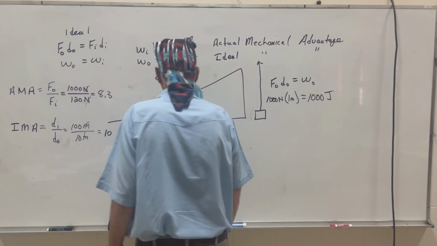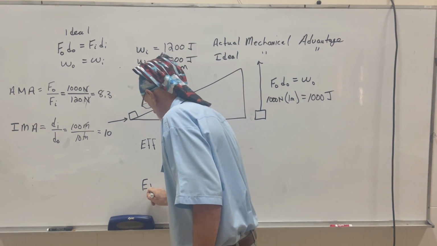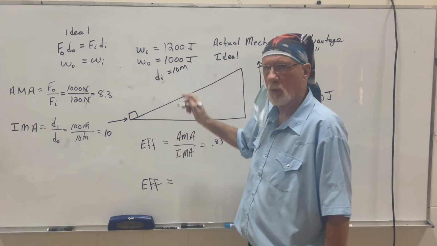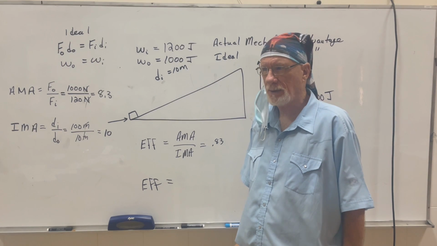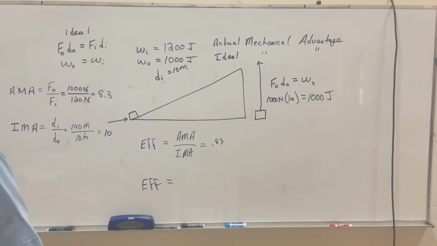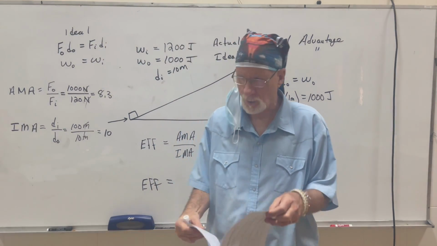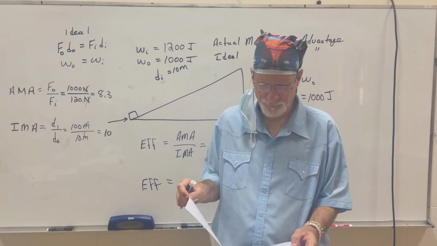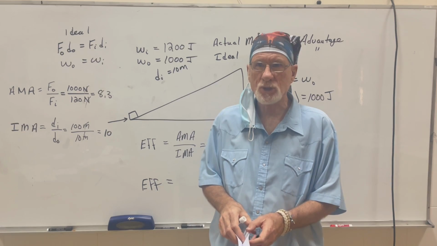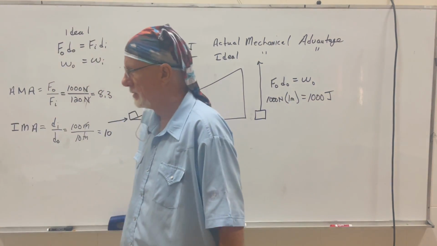So you can get it by saying efficiency will equal the smaller one, 1,000. Is that correct? It's on your sheet. What's smaller, 1,000 or 1,200?